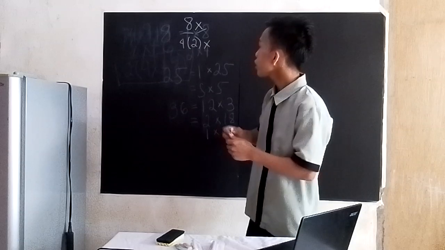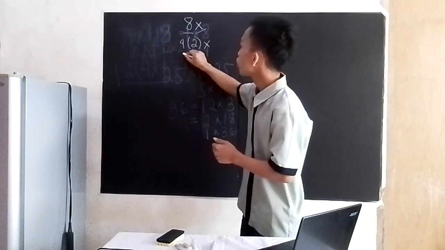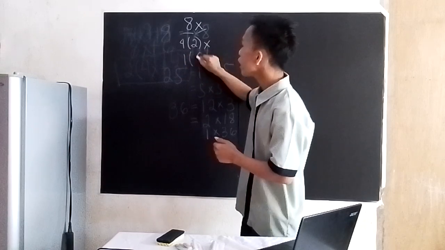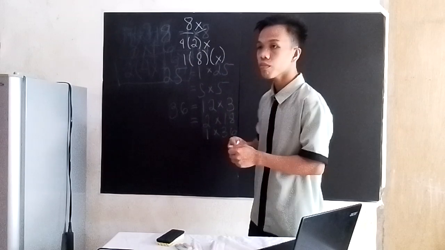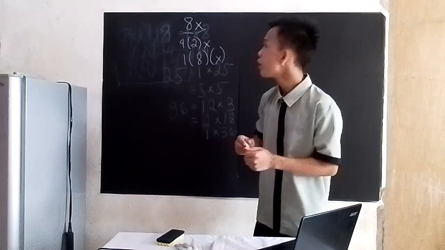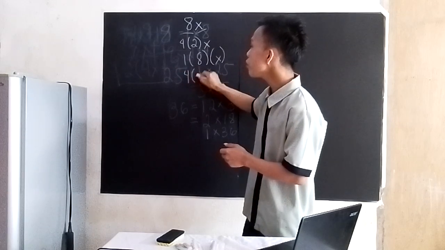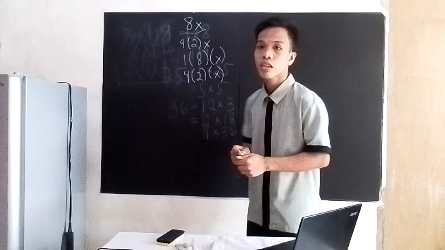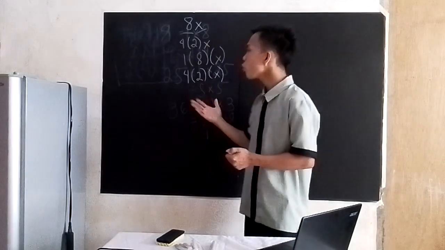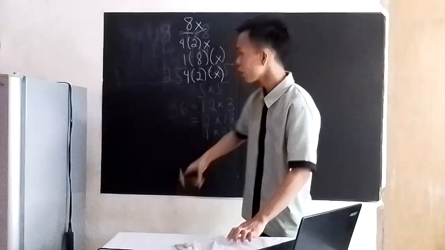Therefore, the factors of 8x can be 1 multiplied by 8 multiplied by x. And another is 4 times 2 times x. So that is what we mean when we hear factoring.